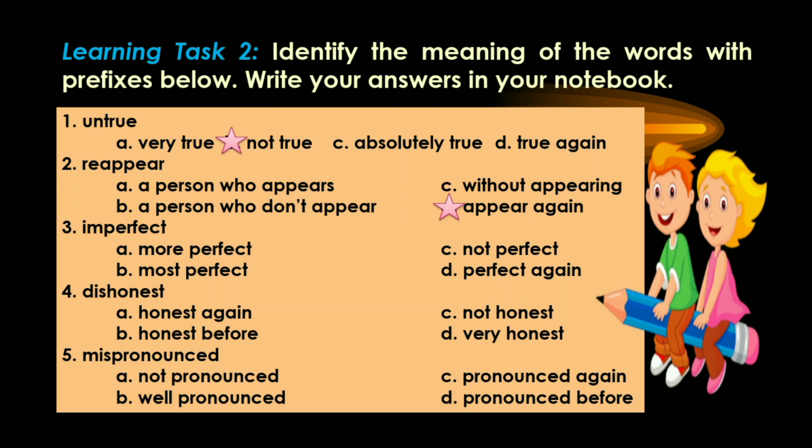And number 3, imperfect. Imperfect means not perfect. It's letter C. 4, dishonest. Dishonest means not honest. It's letter C. And number 5, mispronounce.